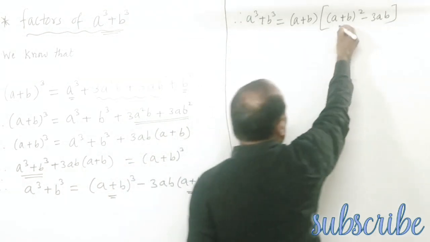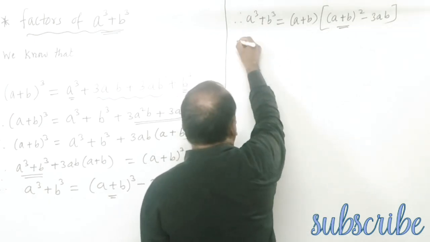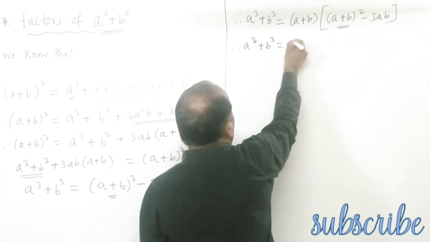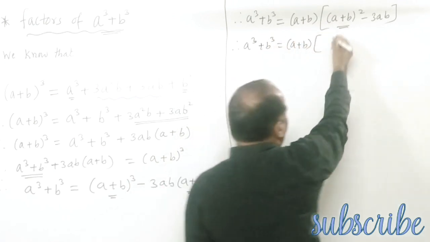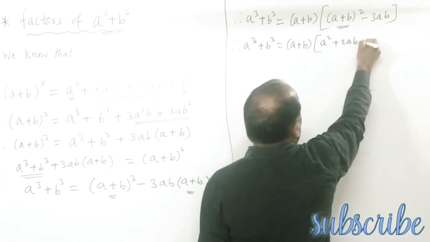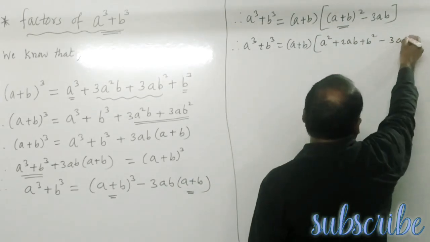Now the expansion of the identity (a plus b) square we know. So expand it. a cube plus b cube is equal to (a plus b), in the second bracket a square plus 2ab plus b square minus 3ab.